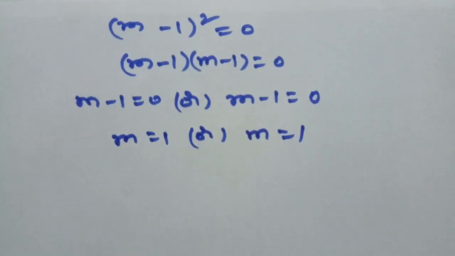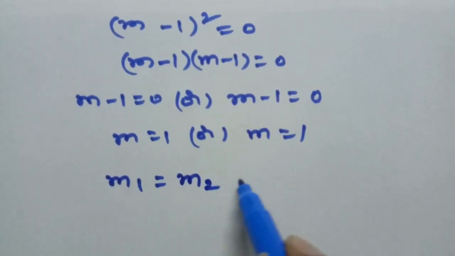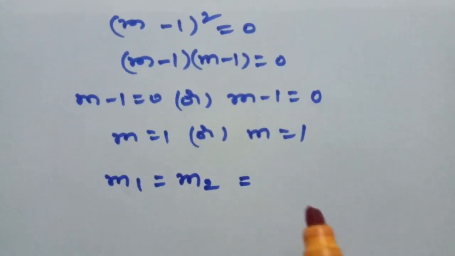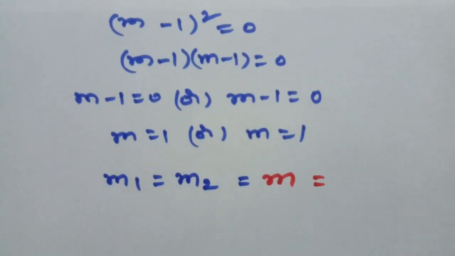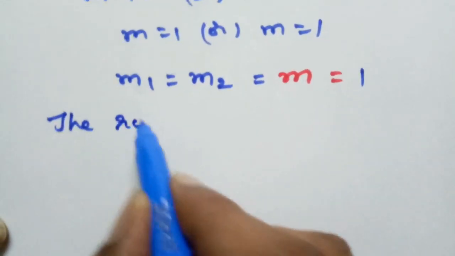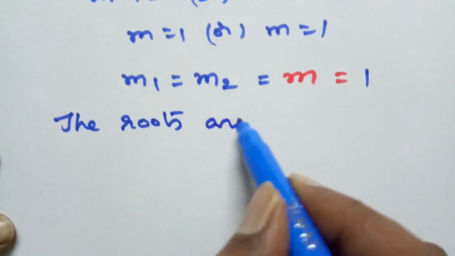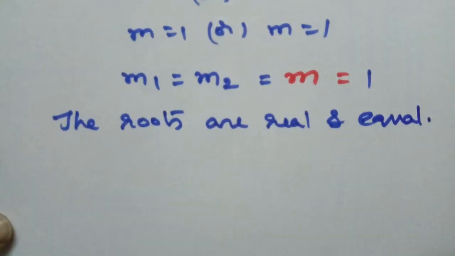Here m1 is equal to m2 is equal to m is equal to 1. So the roots are real and equal.